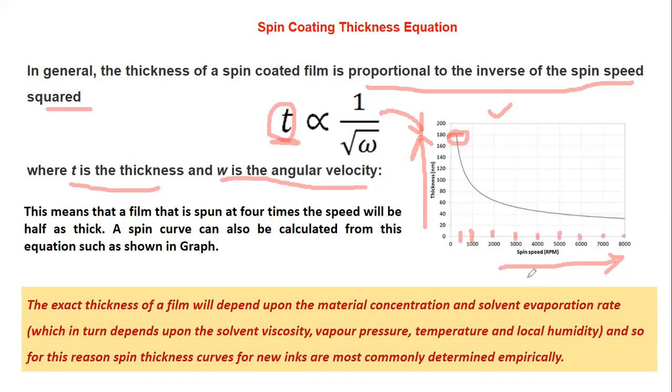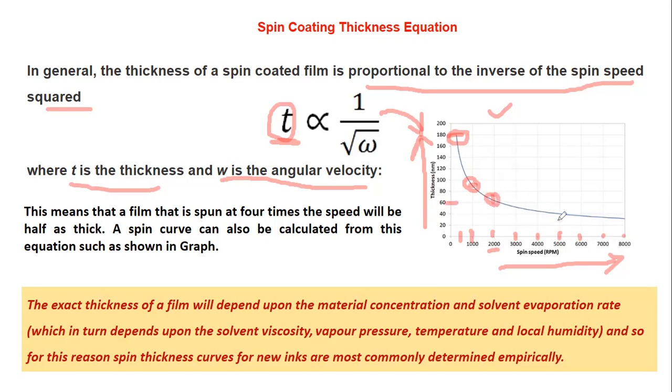If you increase the spin rate up to 1000 RPM, we obtain approximately 90 nanometers thickness. At 2000 rpm, we obtain a thickness of around 60 nanometers. Look at this zone.